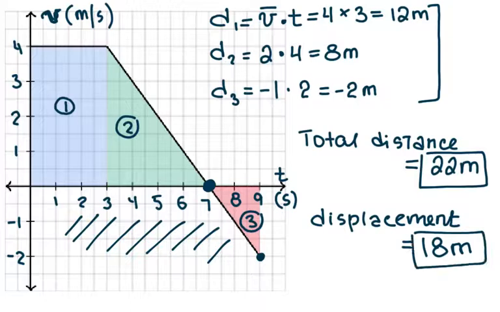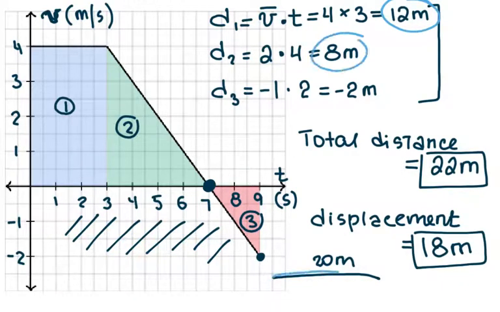Because an object traveled 20 meters this way, and then an object went back 2 meters. So the displacement is 18 meters.